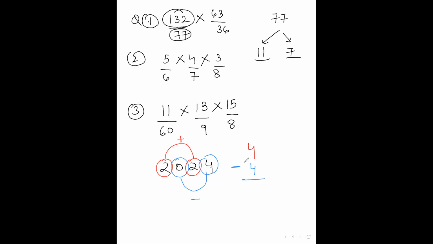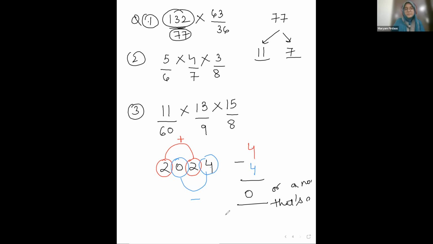So what you need to do is take the sum of alternate digits, and when you subtract, you should either get 0 or a number that is a multiple of 11. Write it down, Hiba, otherwise you'll forget it. This is how to find out whether a number is divisible by 11 or not.